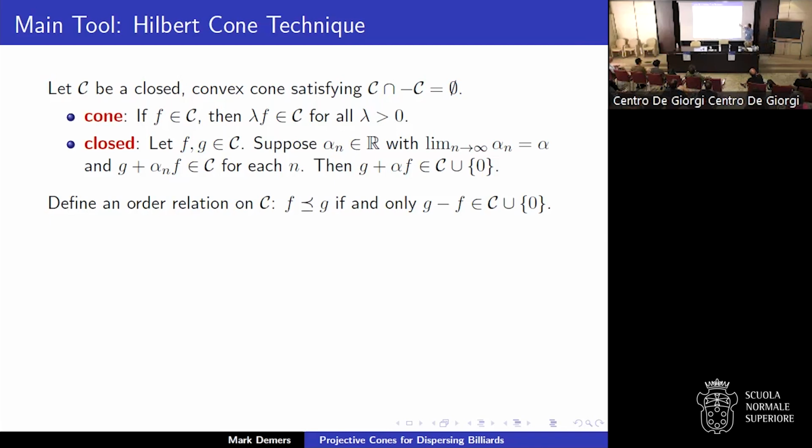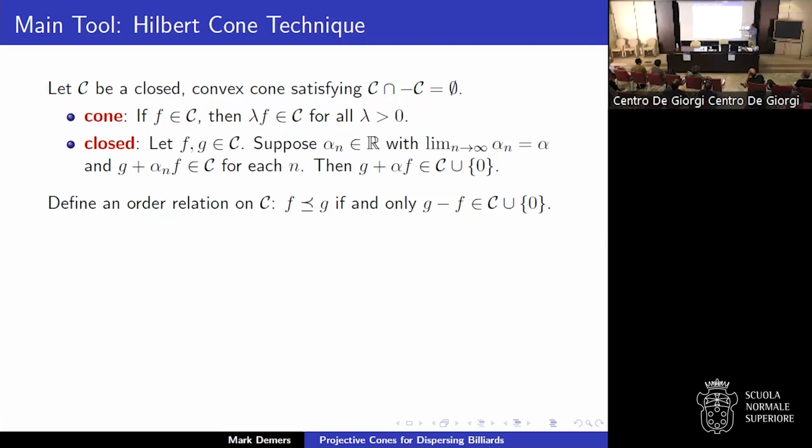A cone just means you can multiply any element of it by some positive multiple, and closed means in this sense that if you have some linear combination g plus alpha_n f, where alpha_n is a sequence of real numbers that converge to alpha, then that limit should also be in the cone union 0. So we call it closed even though it doesn't contain 0.